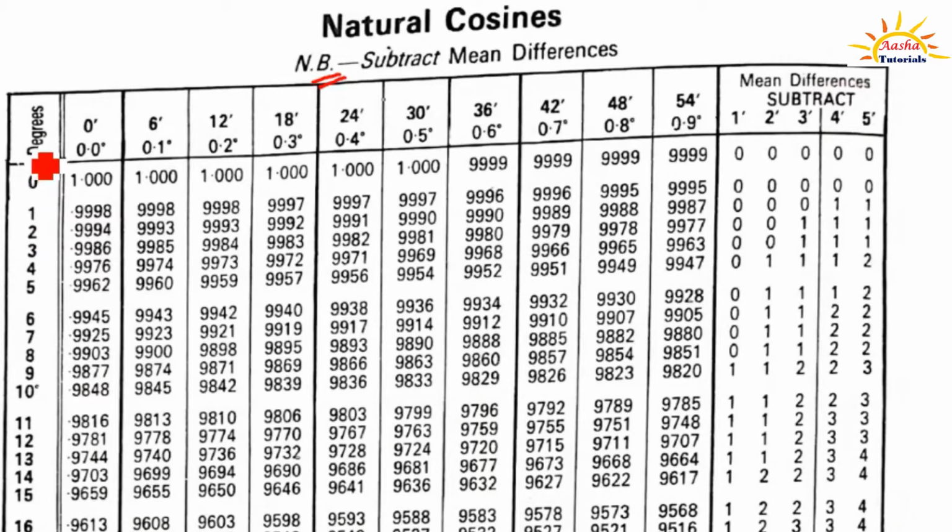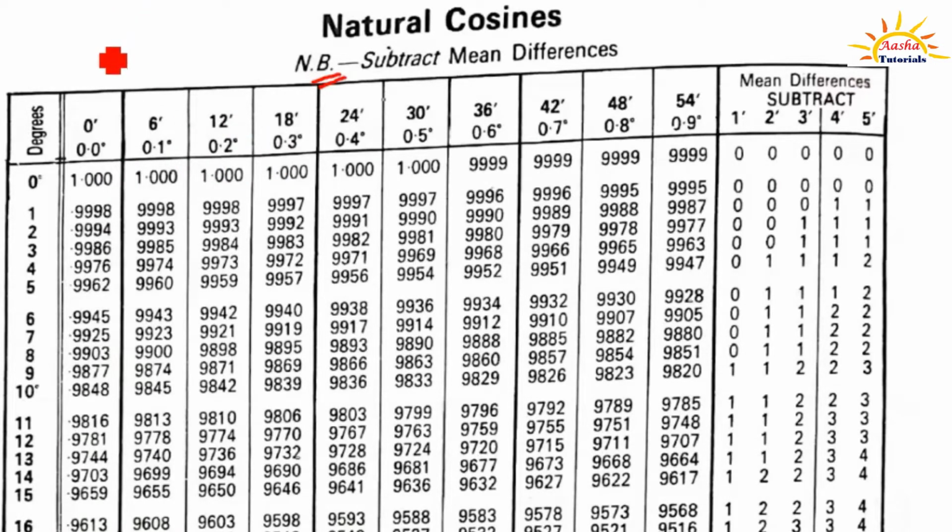In the first column the values are given in degrees, starting from 0 degree up to 89 or 90. And next to that, the values are given in minutes. This is 0 minute, 6 minute, 12 minute, 18 minute, like that up to 54 minute. All these values are given as 0.0 degree, 0.1 degree, like this. Why is it so?